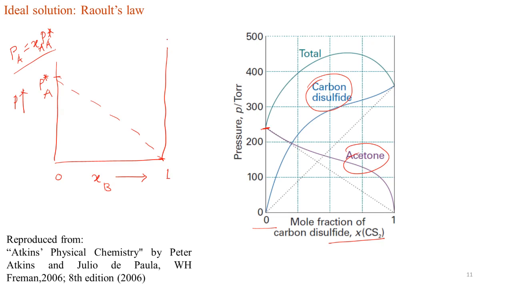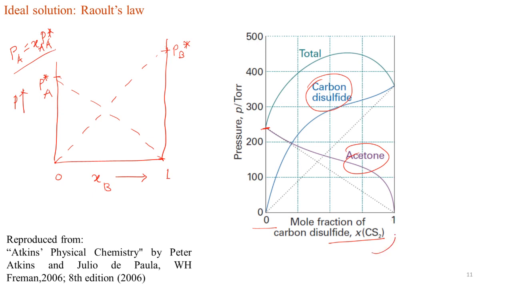Similarly for the other component, B, if we ask how the pressure of B varies, for Xb equal to 1 it will be the pure form of B, so it will have some pressure. Let's say Pb star is somewhere here, and then Raoult's law says that it will again go from 0 to Pb star. So this is a very ideal case.